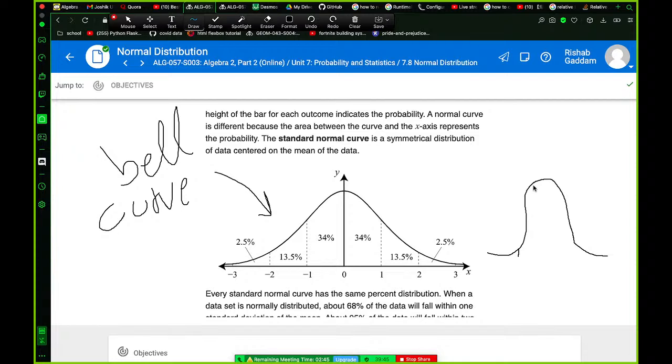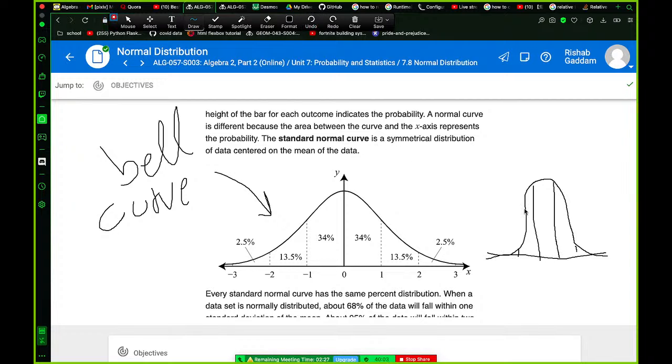So let's say you're a data scientist and you want to know all the heights of the people in your town. The graph is symmetrical.